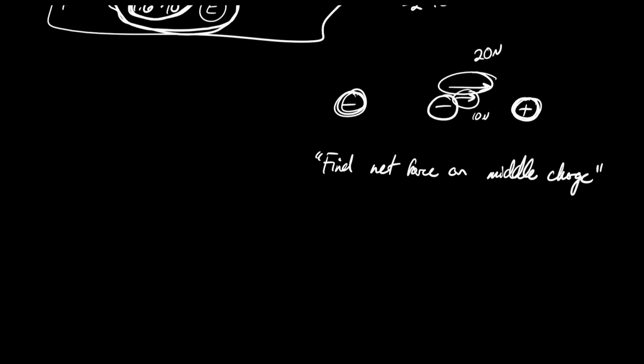And then since they're pointing in the same direction, you know that it makes sense to add them to get the total force. Conversely, if one of the creator charges was positive as well, then instead of a repulsion between these two guys right here, there's an attraction on the middle charge. So if your answers were 20 and then 10 newtons but pointed in the opposite direction, you know that the net force is going to be 10 newtons to the right because these 10 newtons kill off half of this force.